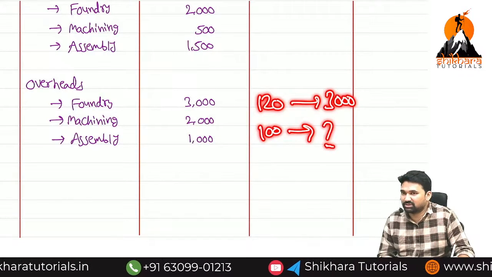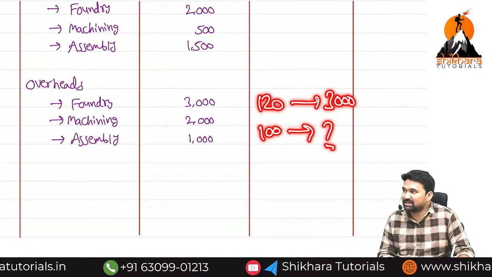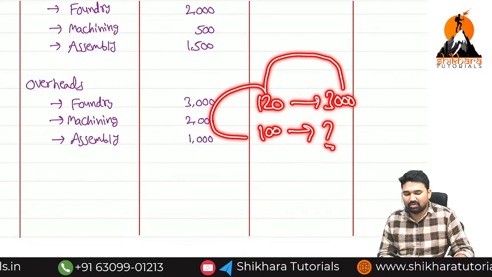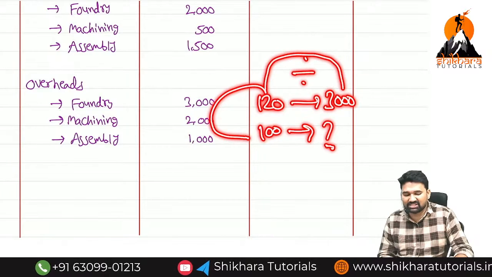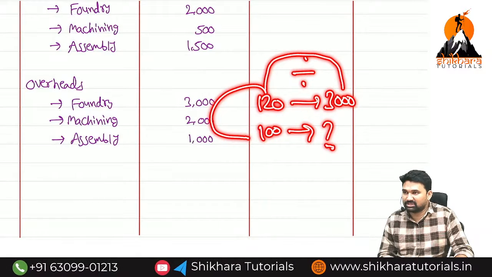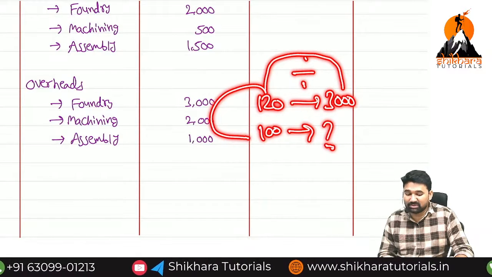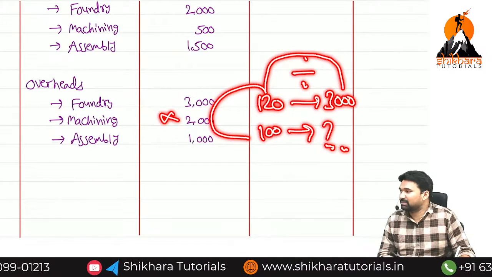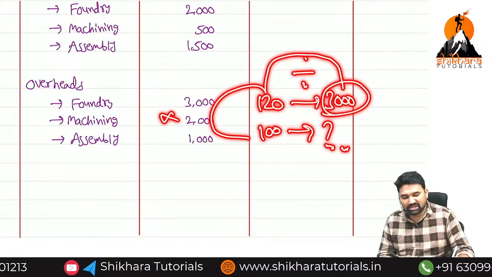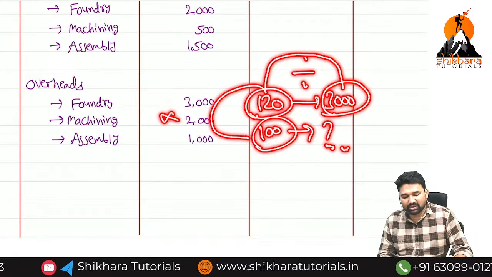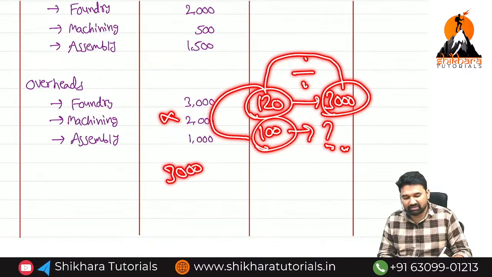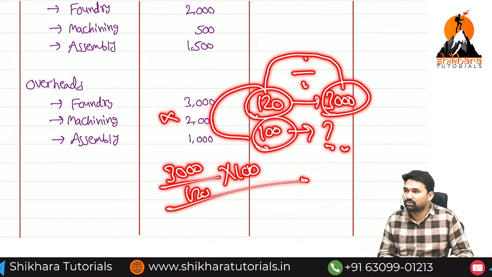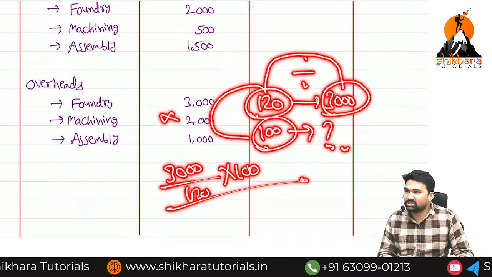This is the question. Then you have to do 3 steps. First step, second step, third step. What is the relation between first and second step? Division. What is the relationship between second step and third step? Multiplication. So 3000 divided by 120 into 100, which gives rise to 2500.